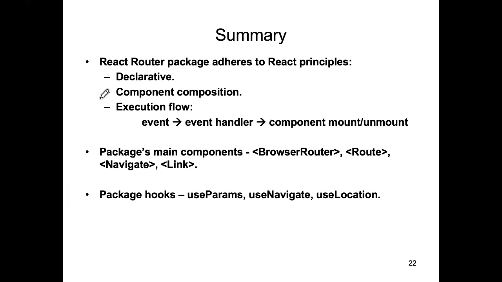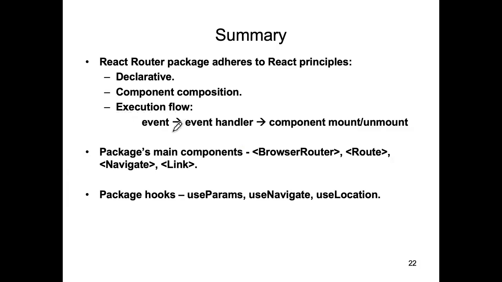Thirdly, I'm saying here that this is the execution flow, which is very much based on this model of an event occurs, where in most cases the event is the browser's URL address has changed, but what would precede that is either we have used the link component or the nav link component to affect that URL address change, or as we've just seen, we have implemented it using programmatic navigation. Either way, the browser's URL address has changed.